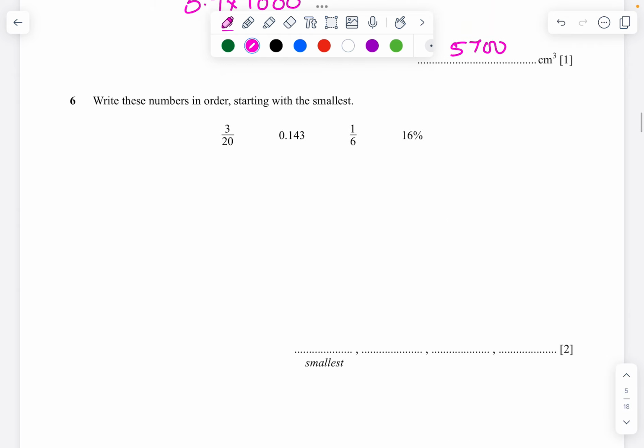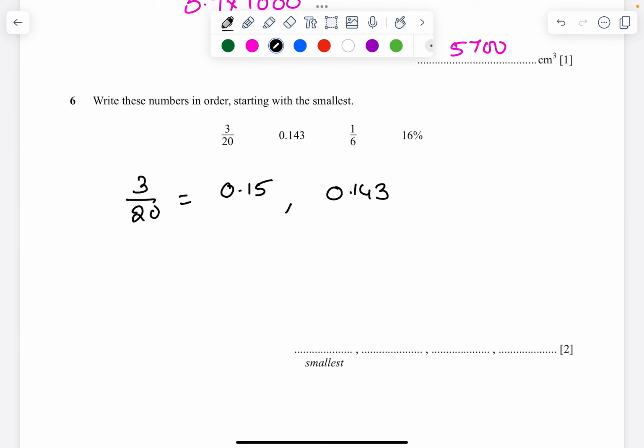Write these numbers in order, starting with the smallest. So what are the given numbers? 3 upon 20. So 3 upon 20 is 0.15. Next one is 0.143 and 1 upon 6, and 16%. 1 upon 6 is nothing but what? If I divide 1 by 6, I should be getting 0.1666, and 16% means 0.16.